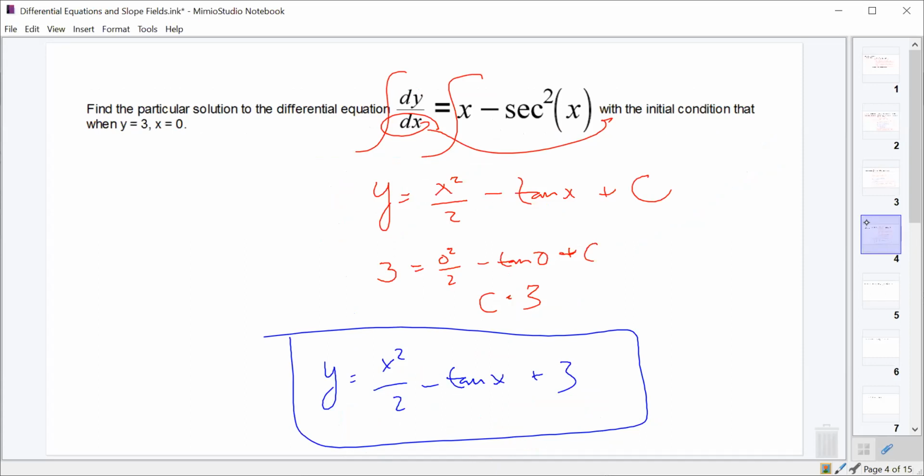It's 2 lines instead of 1 point. What do you mean? Like y equals 3 creates a line all the way across, and x equals 0, so they intersect at a point, but they're continuous. I'm not sure what you mean.